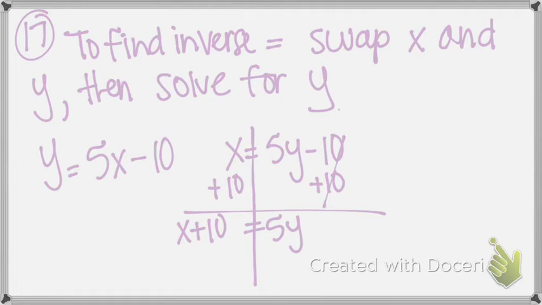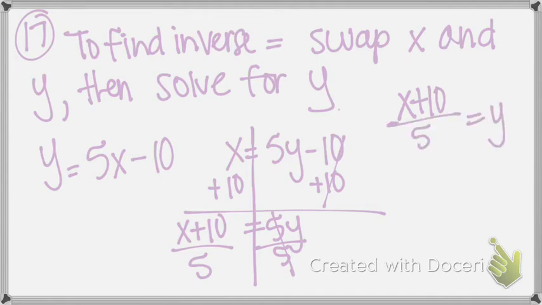Okay? So now, we have one more step to solve for y. To get rid of that 5, we must divide both sides by 5. And we are left with x plus 10 all over 5 equals y.